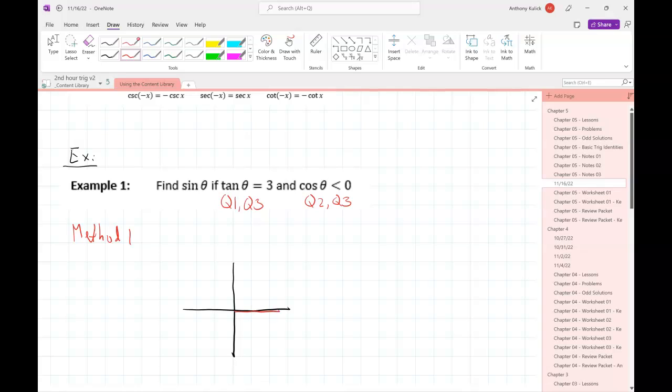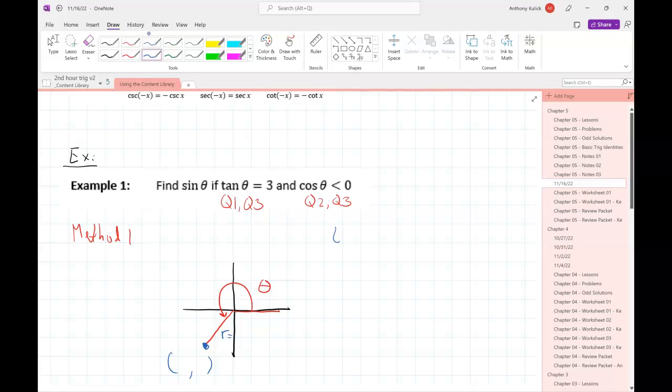I'll draw my standard position angle. So that's like my theta there, right? Now, if I use my point on the terminal side of a standard position angle definition for sine and cosine, I have some point x and y, and then I have some distance from that point to the origin, r.